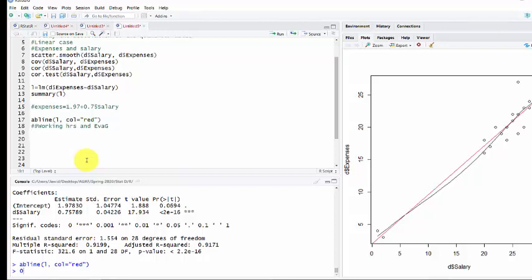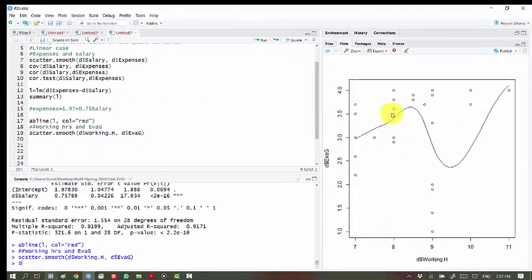I start with the scatter plot again, scatter.smooth, $$working hours, $$evaluation grade. Okay, now you see a completely different graph here. This is very far from being linear. This is an indication that the association between working hours and the evaluation grade is not linear.